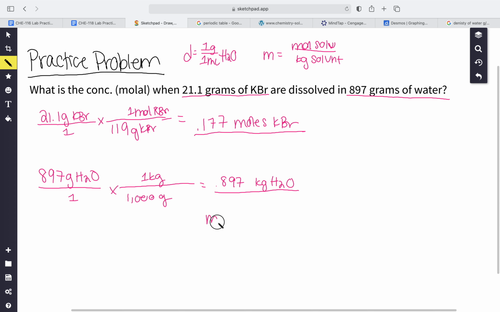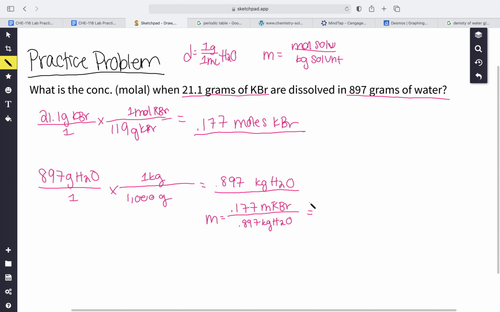So then for molality, we will do the moles of the solute, so 0.177 moles of KBr. And then divide that by the kilograms of the solvent, so 0.897 kilograms of H2O.